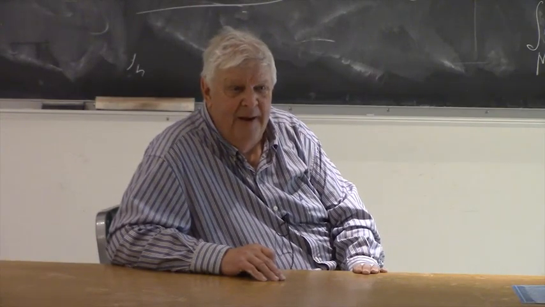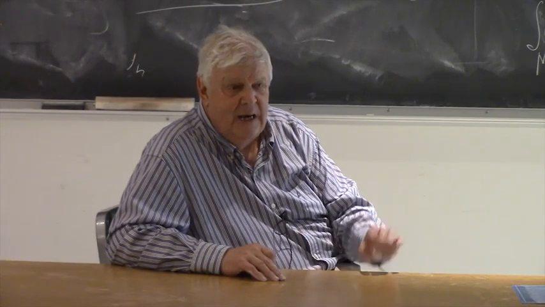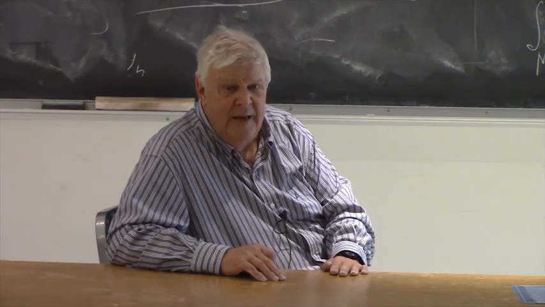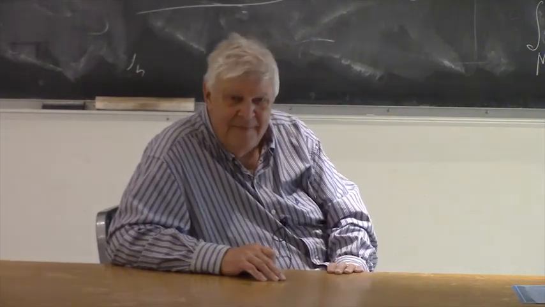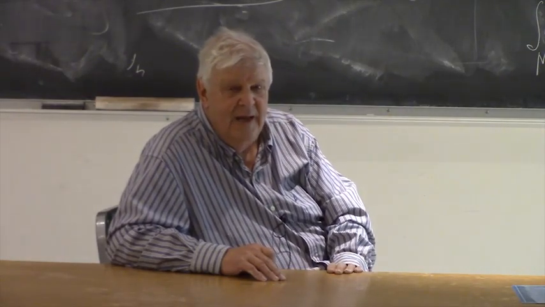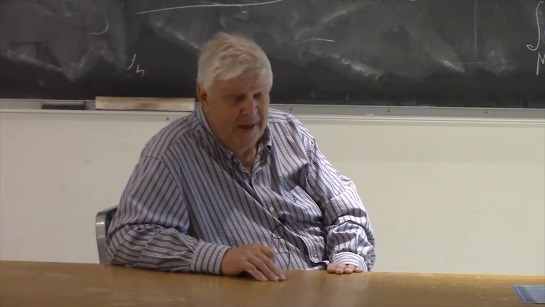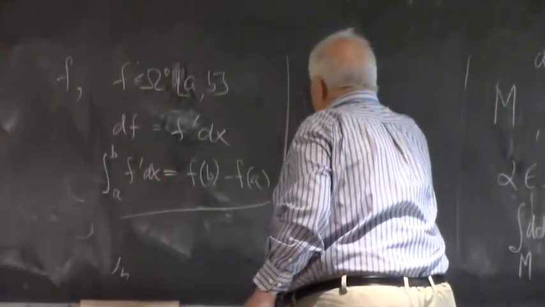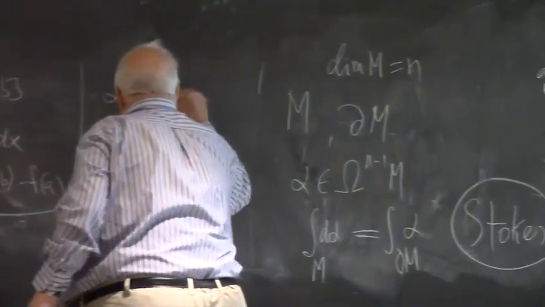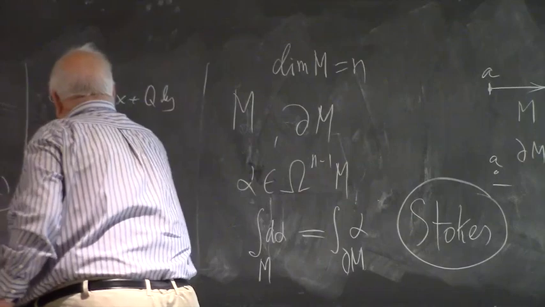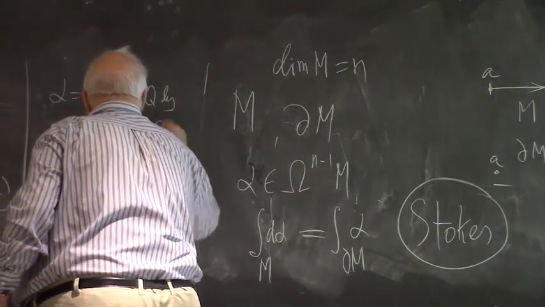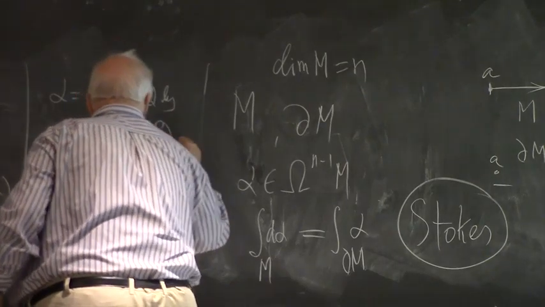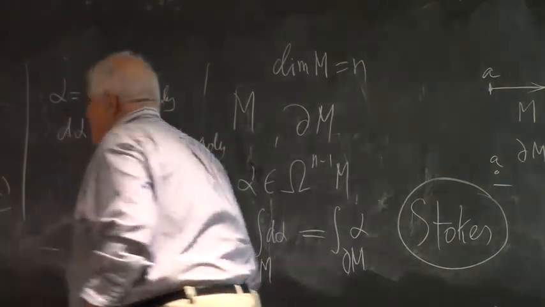So suppose that M is a closed domain in the plane with smooth boundary. Green's formula. So if alpha is p dx plus q dy, then d alpha is this.